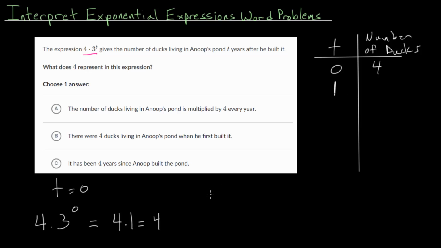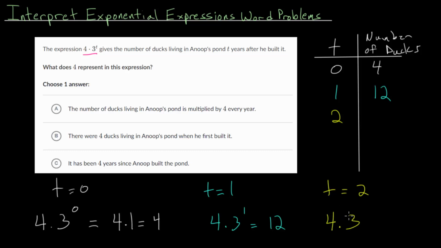So when t is equal to 1, let's now plug that into the equation here. And actually, let me change colors so that we can tell the difference. So when t is 1, we'll have 4 multiplied by 3 to the first power. And 4 times 3, that's 12. So for 1 year after the pond was built, we now have 12 ducks. Let's look at when t is 2. We have 4 multiplied by 3 squared now.